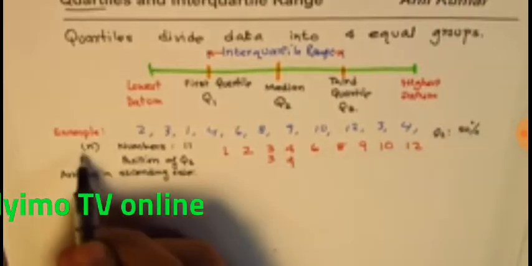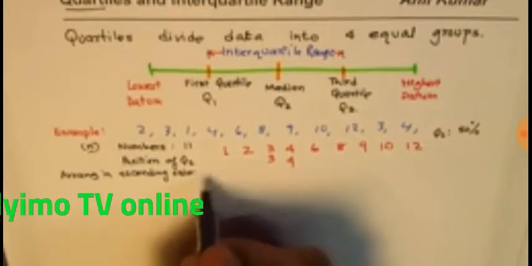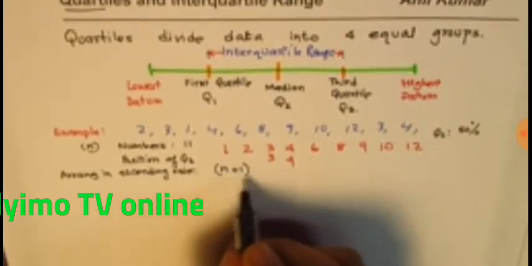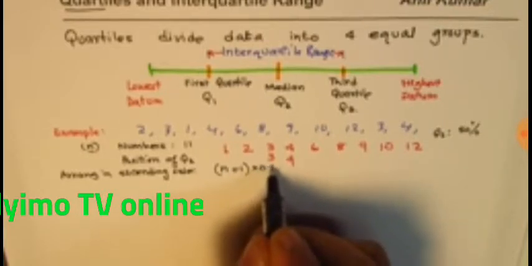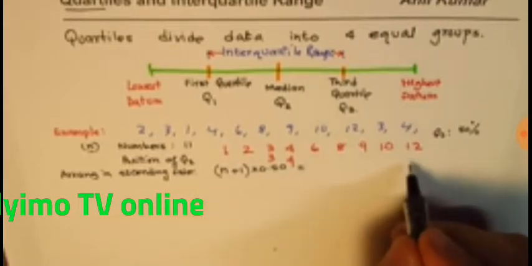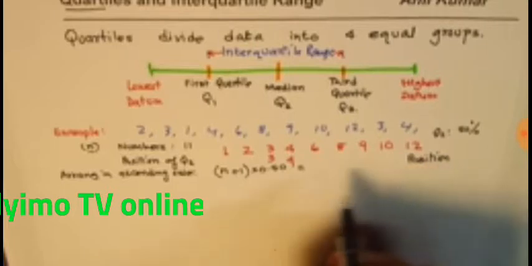So if n is the total number, we say (n plus 1) times 50%, that means times 0.50, to find the position. This gives us the position. We are just finding the position, not the number, okay?